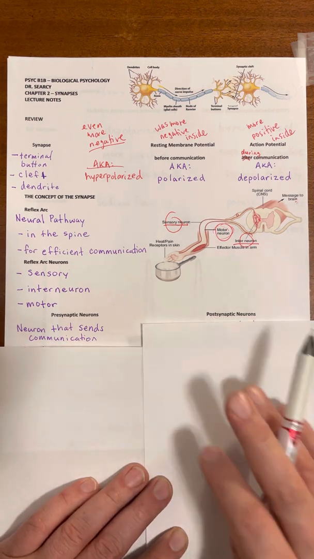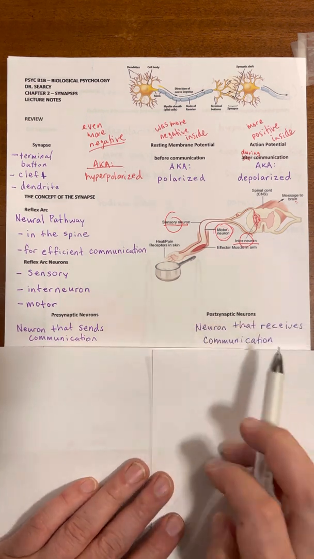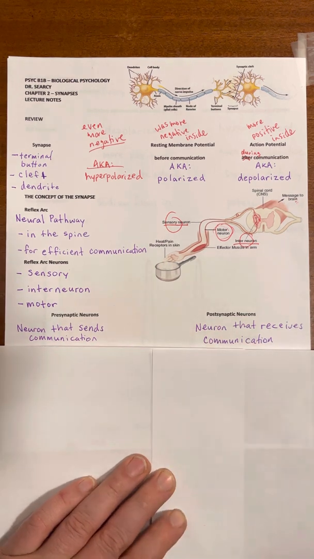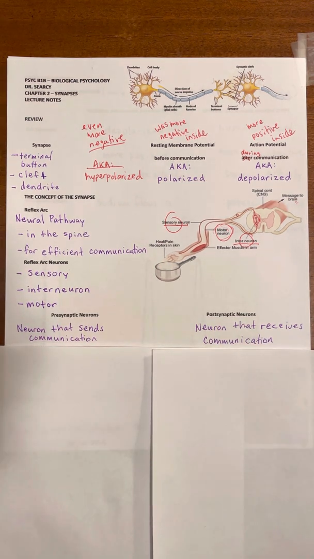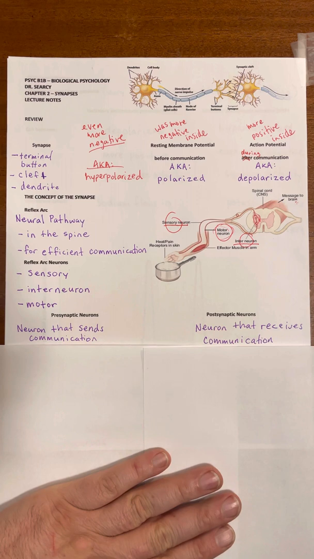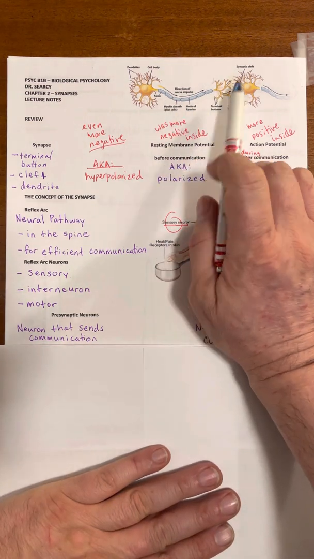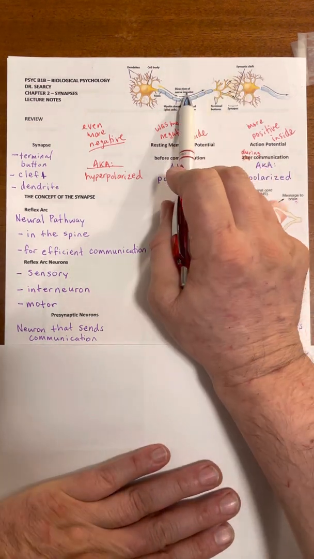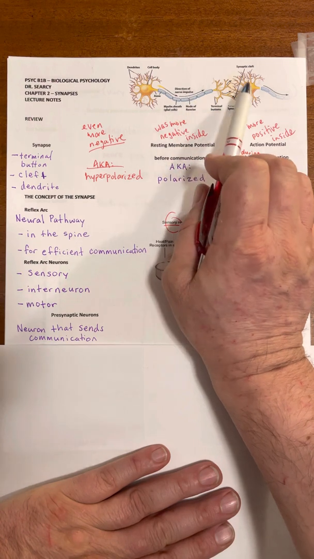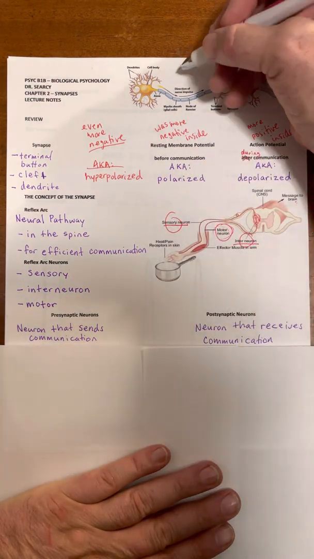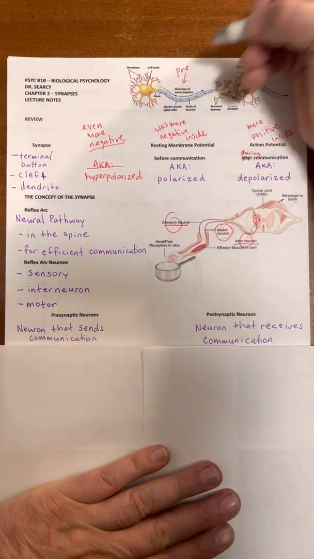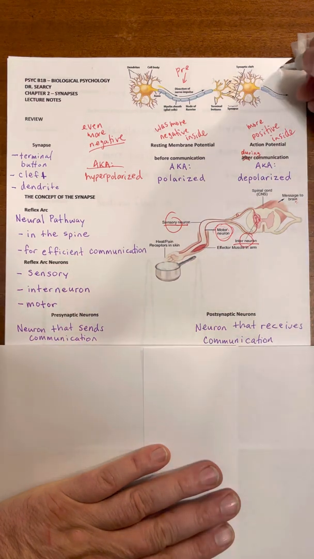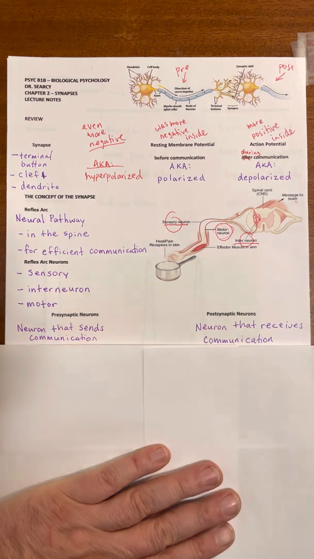The postsynaptic neurons are the neurons that receive the communication, right? So for example, if we're saying that these two neurons are talking to each other because this neuron is sending a message to this neuron, this is the presynaptic neuron, and this neuron is the postsynaptic neuron.